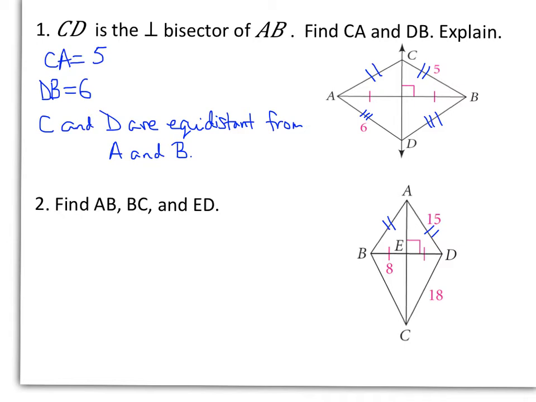And same thing down below. BC will be congruent to DC. So let's list what we know. AB will be 15 because AD is 15. BC will be 18 because DC is 18. And ED will be 8 because EB is 8.